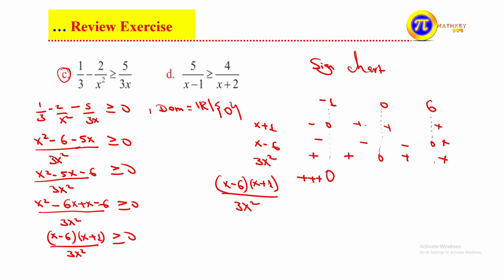Next, positive times negative is negative, negative divided by positive is negative. At 0, the denominator is 0, so it is undefined. The next one: positive times negative is negative, negative divided by positive is negative.